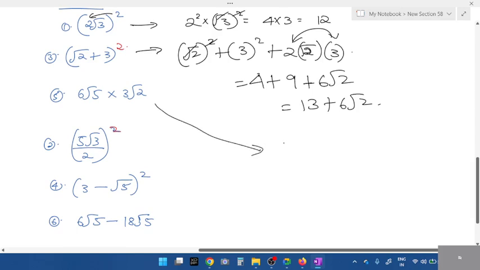Next, multiplication is given. Multiplication. No, no. 2 square.